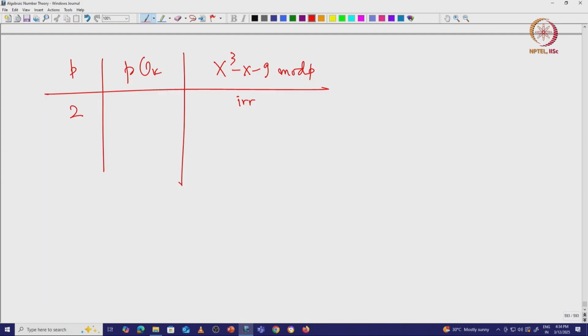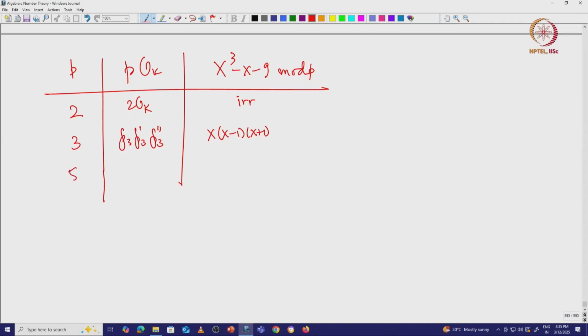So, this is 2 O_K is a prime, right. If it is 3, then you see it factorizes as x into x squared minus 1, so x into (x minus 1) into (x plus 1), right. And so, this is P3, P3 prime and P3 double prime.